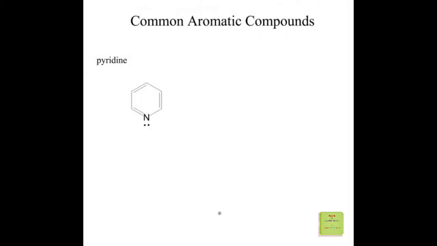Okay, pyridine is an example of an aromatic compound, and it looks just like benzene, except we have a nitrogen in the place of one of the carbon atoms. Okay, so yeah, I see that it's cyclic and planar. Every atom is sp2 hybridized. That's good. It has a p orbital on every atom, so that's good.